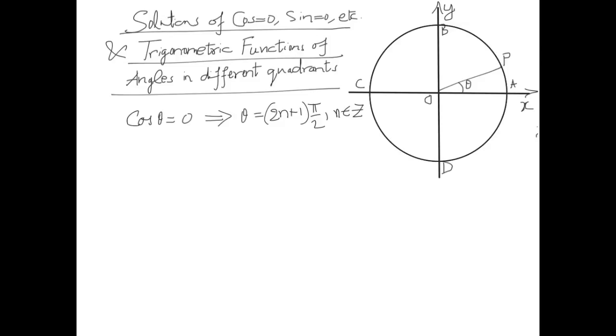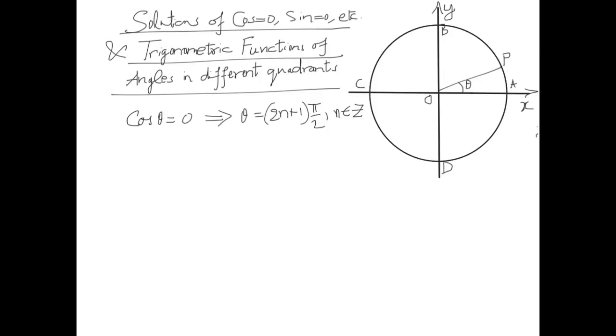These are called general solutions because we can now plug in all possible values of n, for example 0, positive integers, negative integers, and get all possible values of theta, and we know that that list would be endless. Now out of all those values of theta, the particular values that lie between 0 and 2 pi, where 0 is included and 2 pi is not included in the set, those particular values of theta would be called principal solutions.